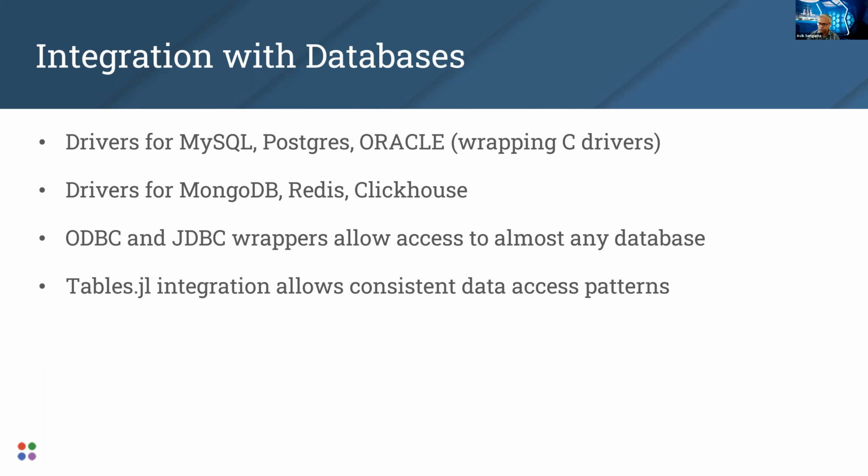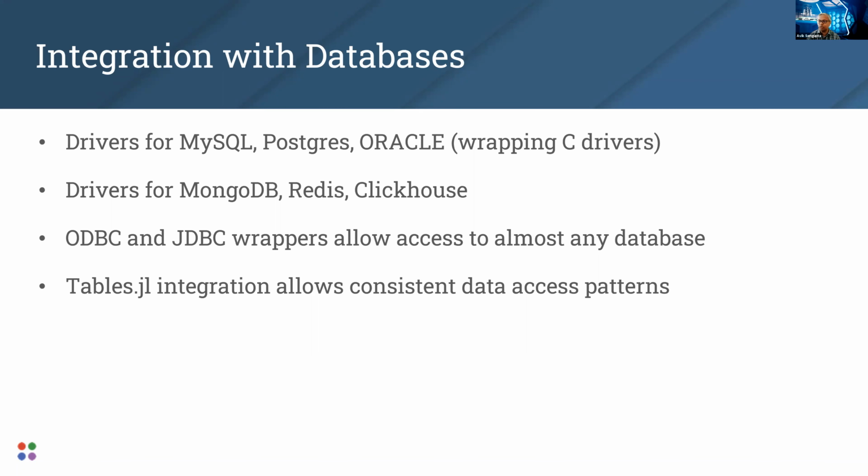So most of these database drivers will give you the data back in a tables.jl interface, right? And using that, you can convert it into a data frame. So a data frame can take a tables.jl object and convert it to a data frame. And an arrow table can take a tables.jl object and convert it to an arrow table, and vice versa. You can get an arrow table as a tables.jl object and run queries on it, right?